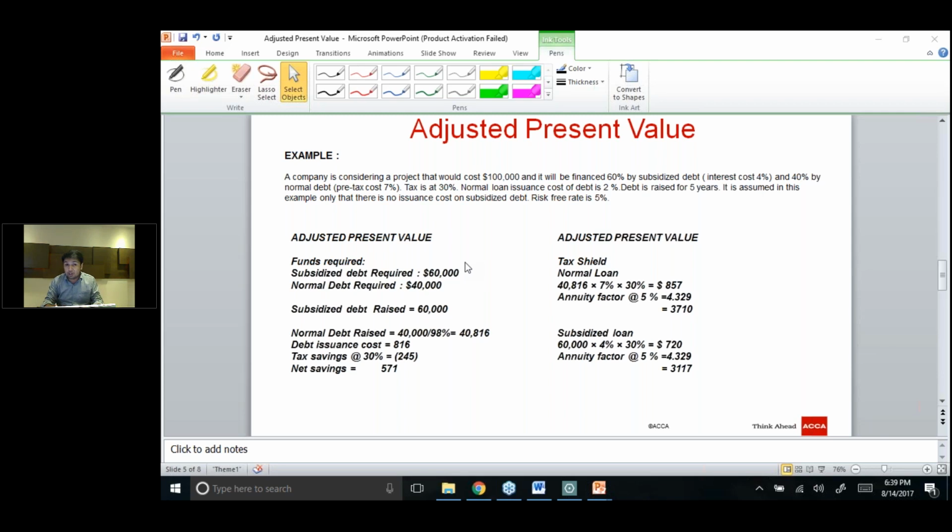So you can use risk-free rate. But examiner has asked to use KD or risk-free rate, so you just have to state the assumption in exam.